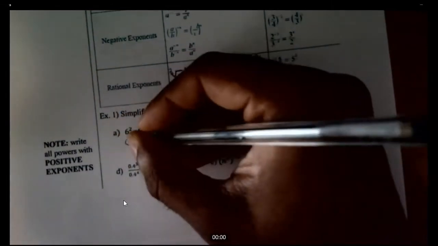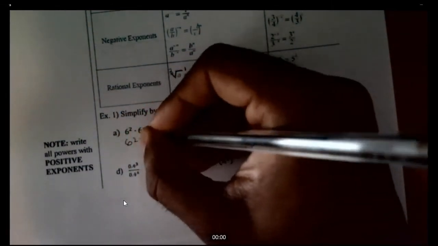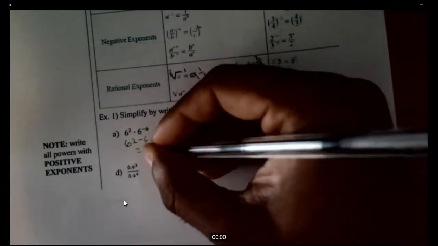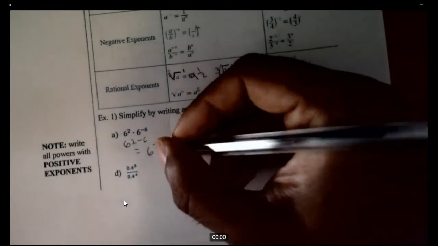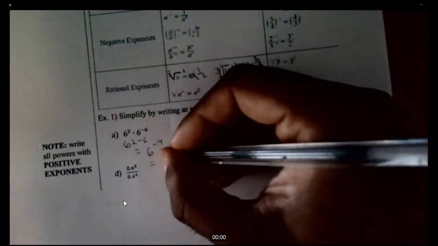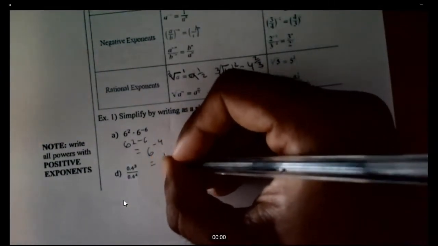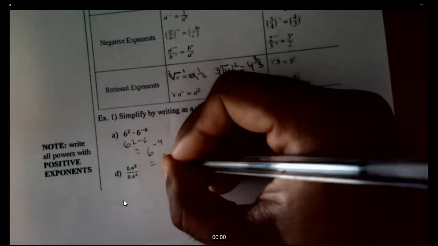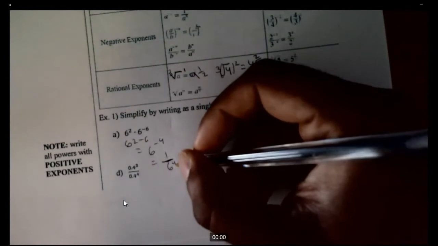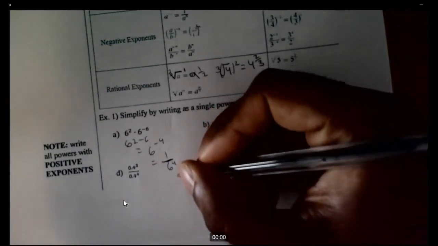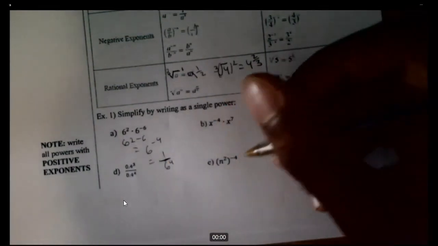So 6, 2 and negative 6. You get 6 to the negative 4. And then finally, there's a negative exponent, so you're going to put it to the bottom, which equals 1 over 6 to the power of 4. And we'll just leave it there. You can obviously evaluate that as well if you want, 6 times 6 times 6 times 6, which is, I don't know, I can't do that one in my head.